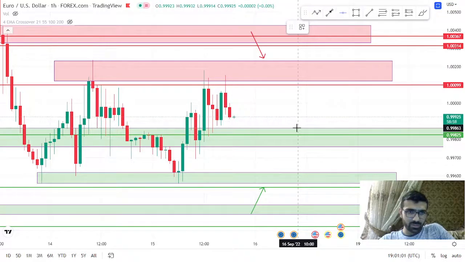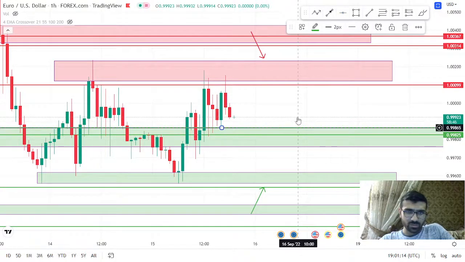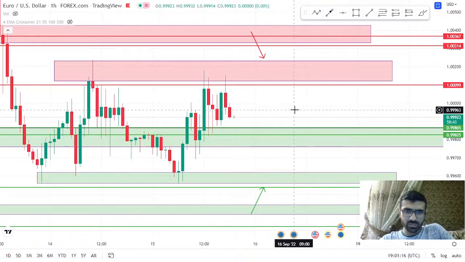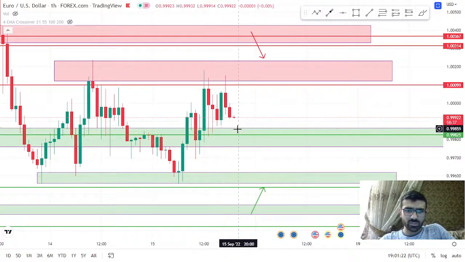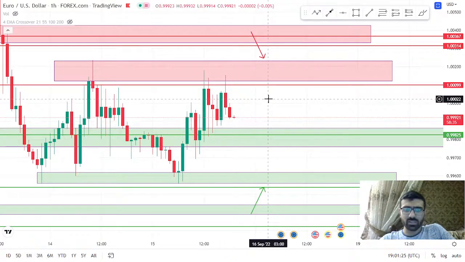But I think, yes, I don't really think that there is any major difference between this area and the previous. So if we consider this region as a buying area, I am going to give you the trades accordingly.